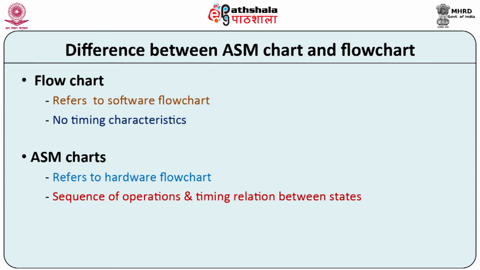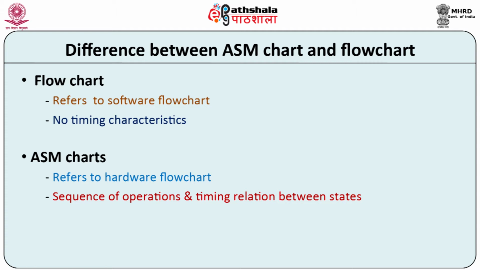There is a major difference between the flow chart and the ASM chart in the specification. Here, it is possible to coin two terms. Simple flow chart is referred to as software flow chart and ASM chart is referred to as hardware flow chart.